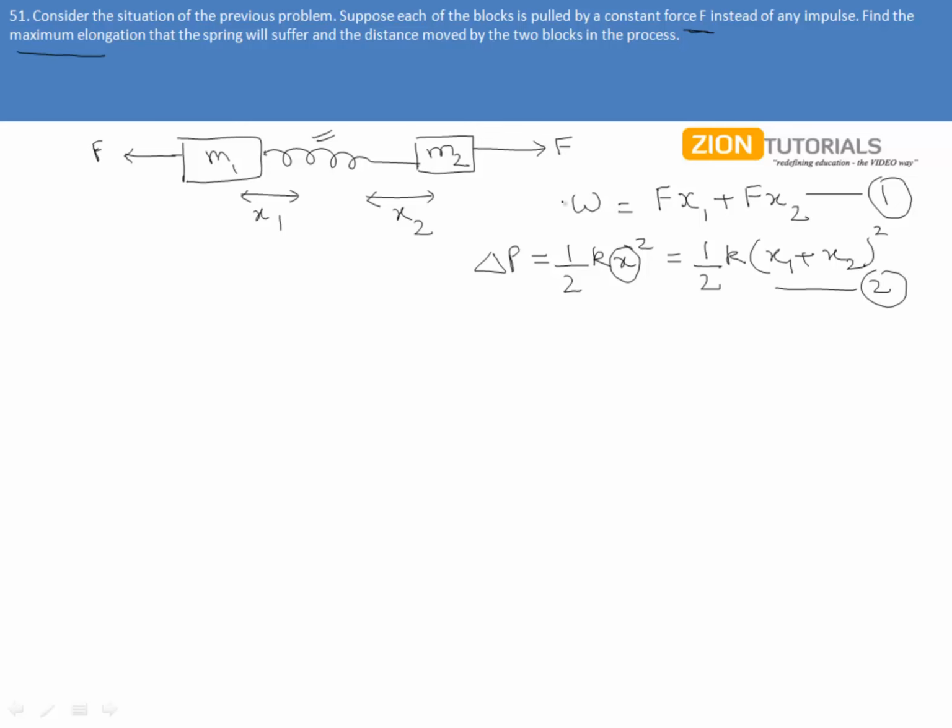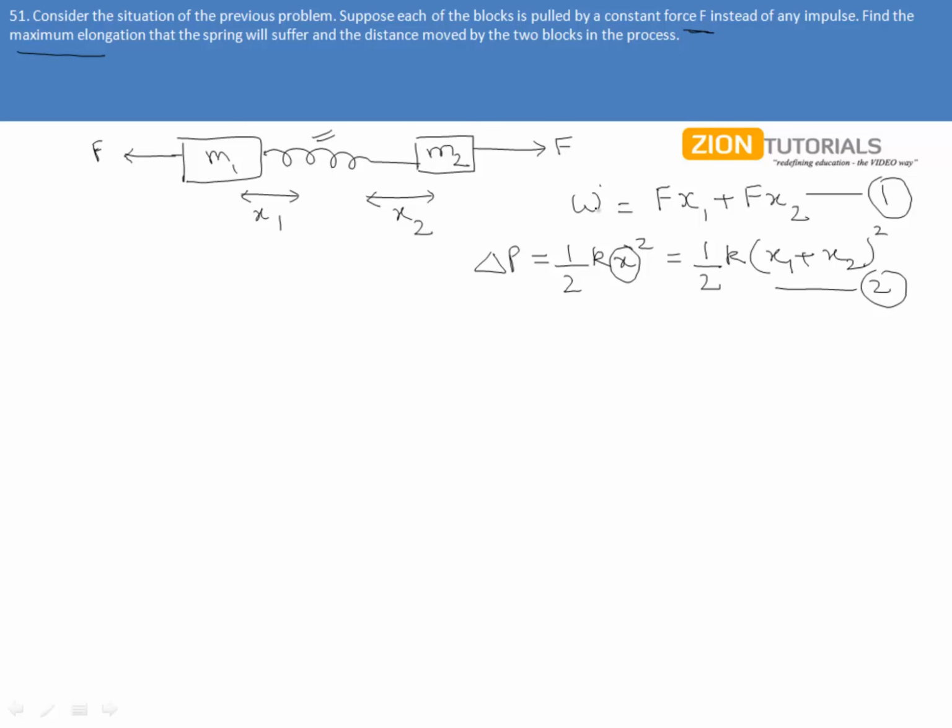Now friends, since the work has been done on these two blocks and the spring, and there is only the change in the potential energy of the spring, the work done has to be stored in the form of potential energy of the spring.